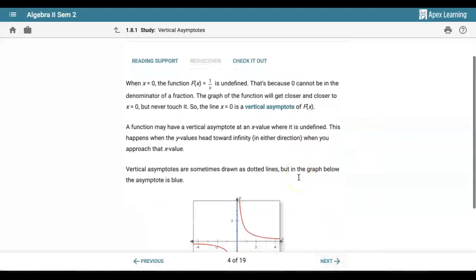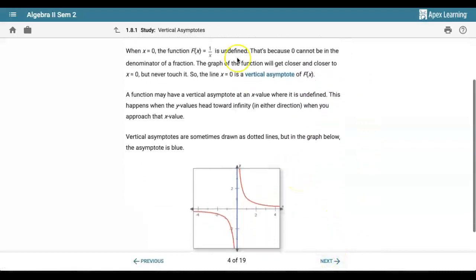Now, the function f of x equals 1 over x is undefined at this x equals 0 point, because that's where we can't divide by that function. So it makes that vertical asymptote.